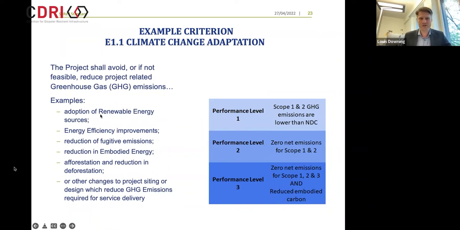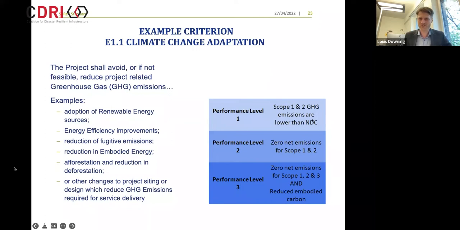So, for example, through the adoption of renewable energy sources, energy efficiency improvement, reduction of fugitive emissions, reduction of embodied energy, afforestation, and reduction in deforestation, or other changes to the project siting, which could reduce greenhouse gas emissions required for the same service delivery. And there's 3 performance levels.